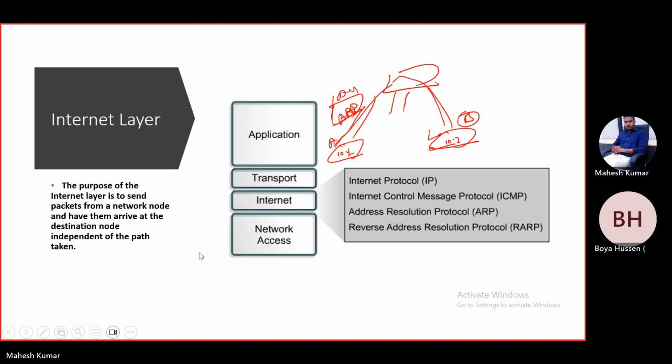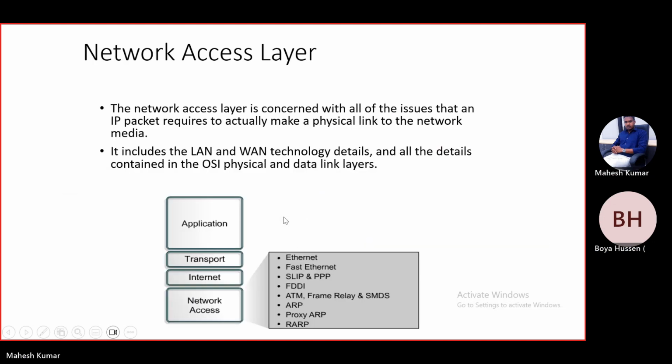After that, the network access layer is concerned with all of the issues that an IP packet requires to actually make a physical link to the network media. It includes the LAN and WAN technology details and all the details contained in the OSI physical and data link layers. What is the meaning of this?